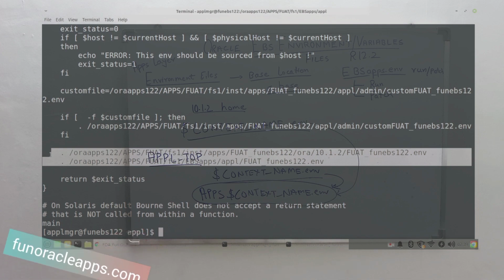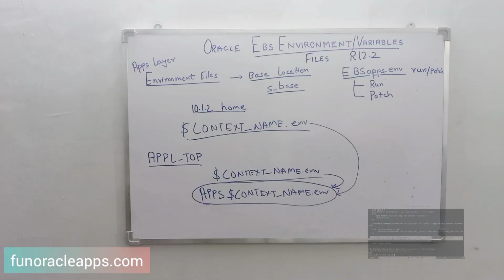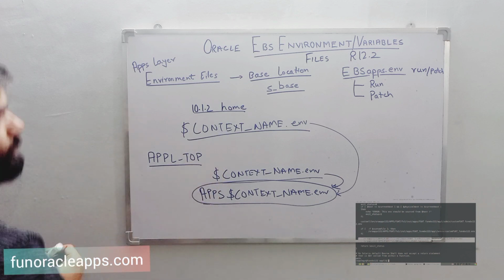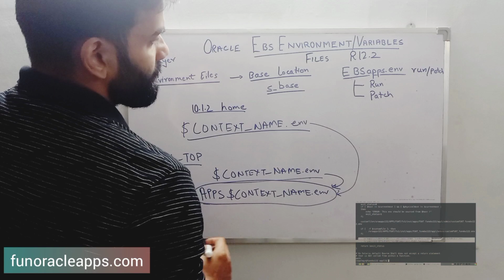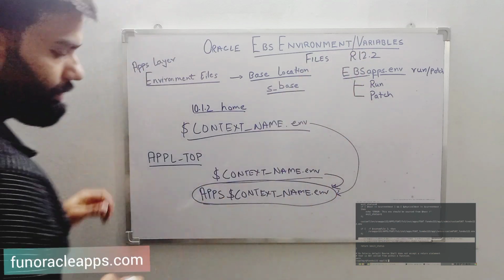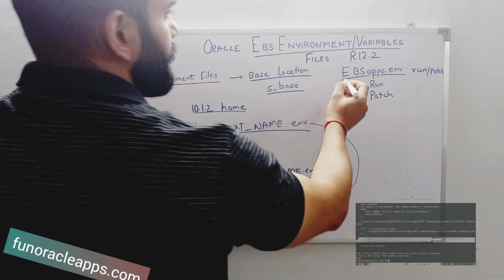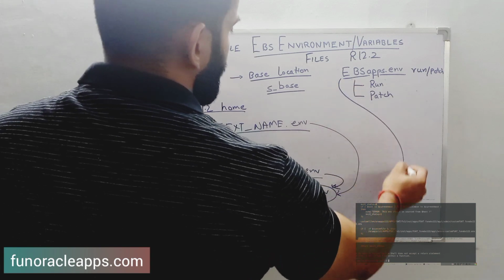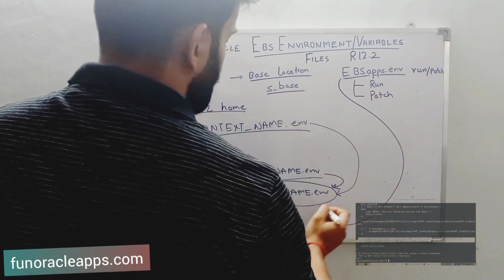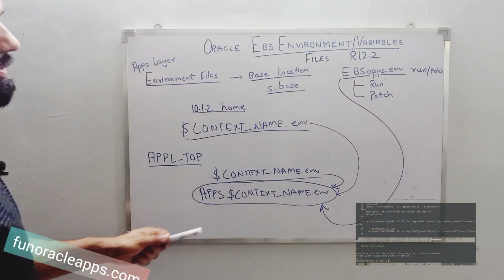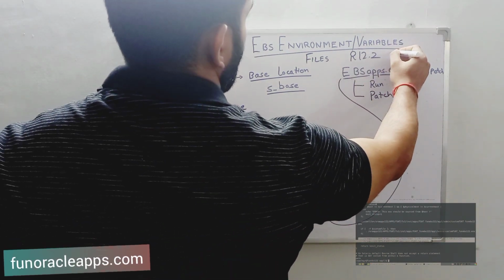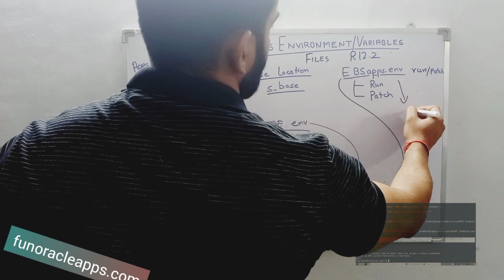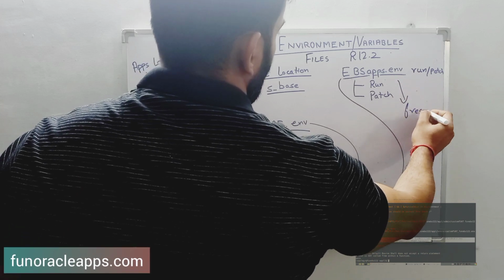So both the files are sourced here. You don't need to source them individually. Because we are talking about R12.2, this EBS apps file will automatically call this apps.env file, so you don't need to worry about manually calling it. But in R12.2 this file is not available on your fresh install of 12.2.0.